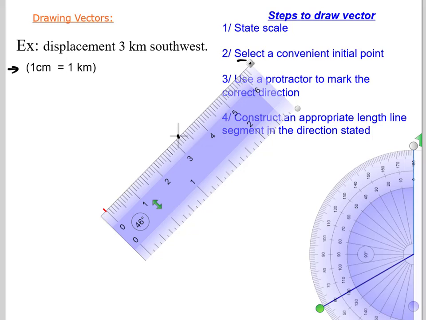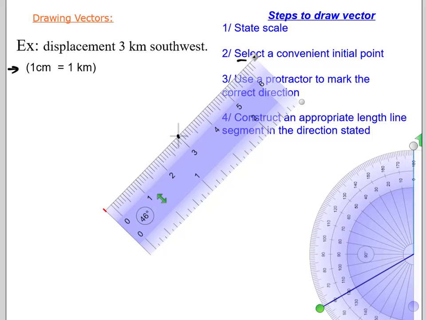Oh, it's pretty close. So let's move it up. My actual vector will start at the black dot and will go to 0. Okay, and that is my vector.